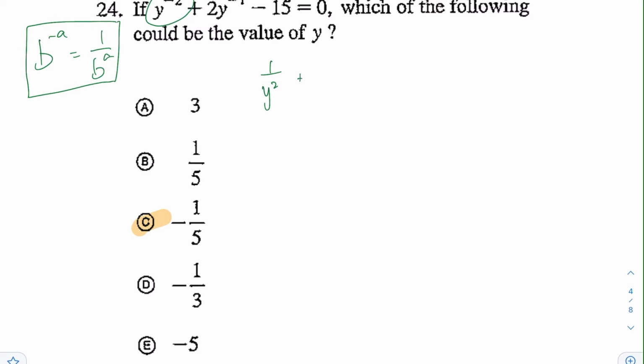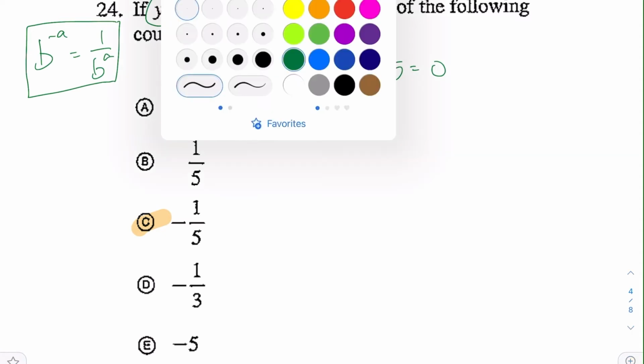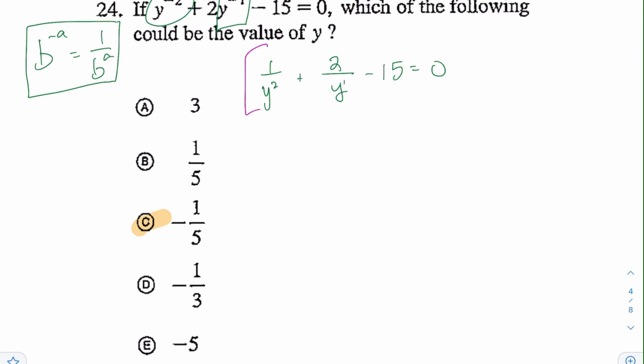And here 2 times y to the negative first, you have to do the exponent before you multiply. So it'll be 2 over y to the first, or just y. And you're subtracting 15, and this is equal to 0. So what you want to do here is actually multiply everything by y squared to get rid of the denominator.